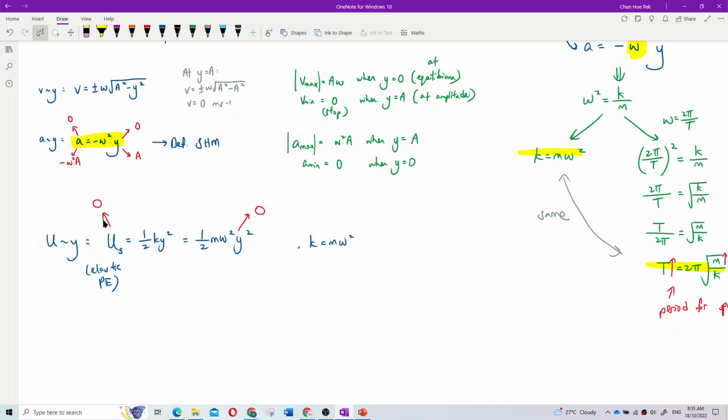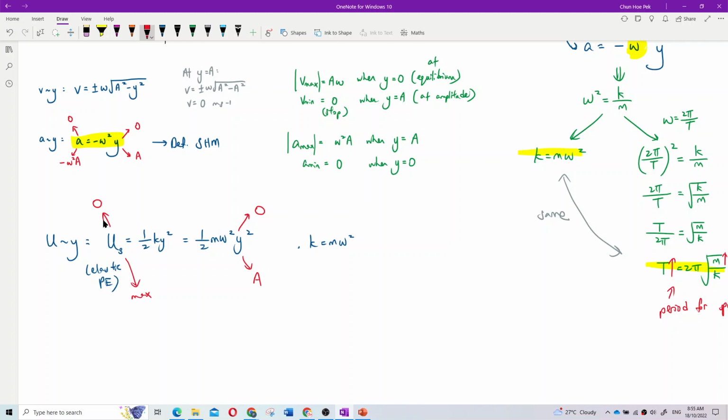So, okay, I should write over here. I write maximum first. So, at amplitude, what happens to the elastic energy? It's maximum, because of maximum compression, maximum extension.